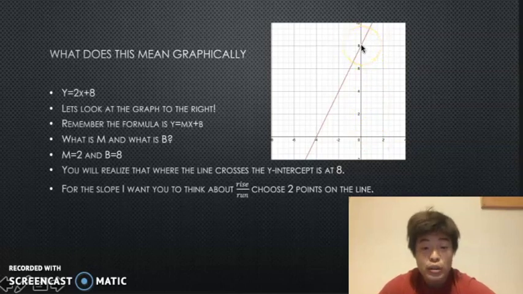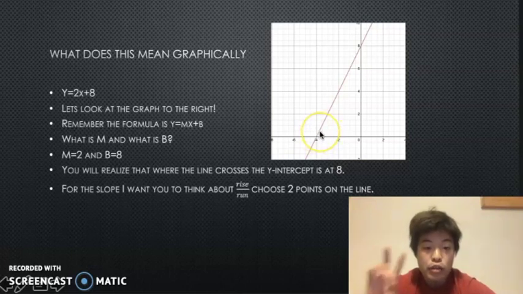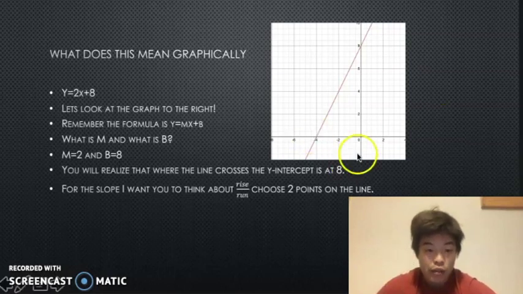These are good points to choose because they are integers. For this other one, we do not really know what the exact coordinate is because it looks like maybe 2.5, but it might be 2.6. We don't really know. So whenever you're choosing 2 points, choose coordinates that have integers. So here, negative 4, 0, and 0, 8.